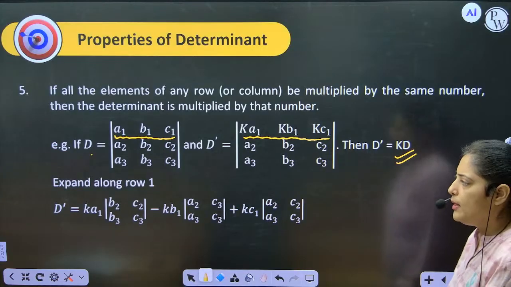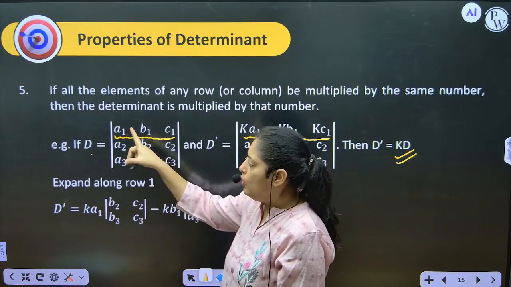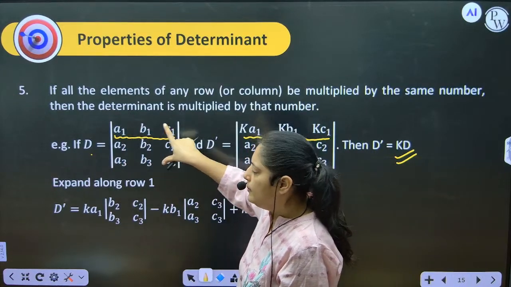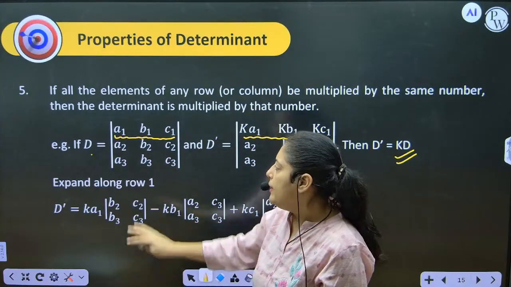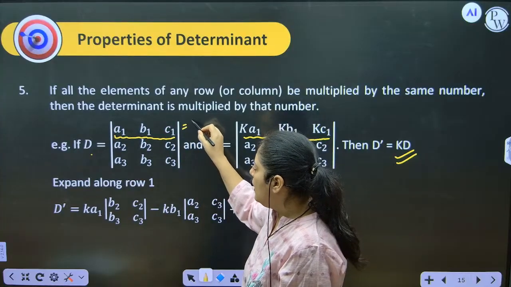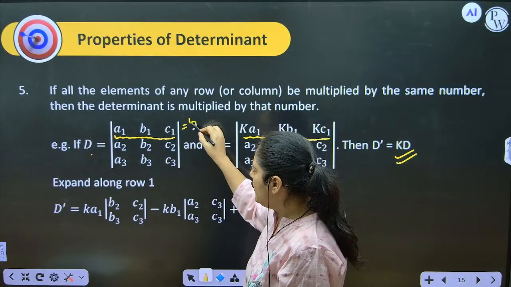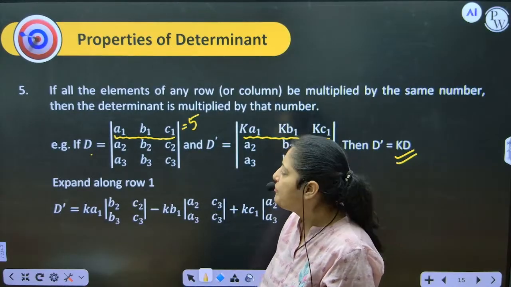What does it mean now? If I have multiplied any row or any column with one number, determinant value will come here. Suppose this determinant value is 5, suppose. Okay.